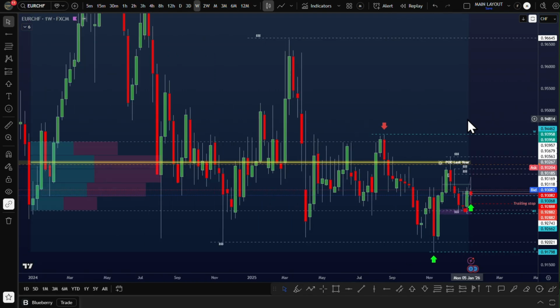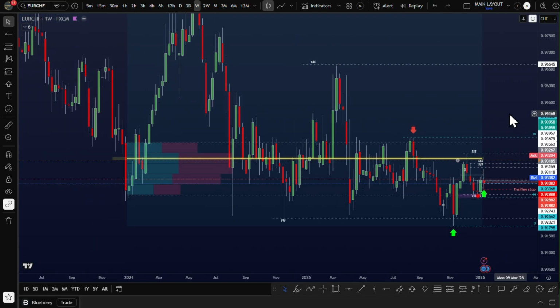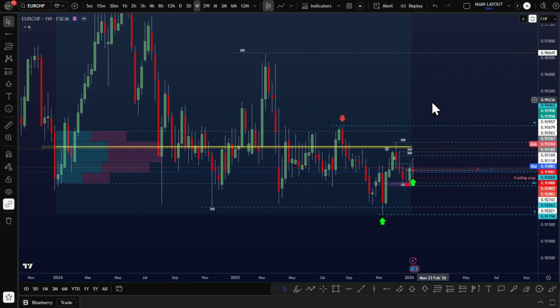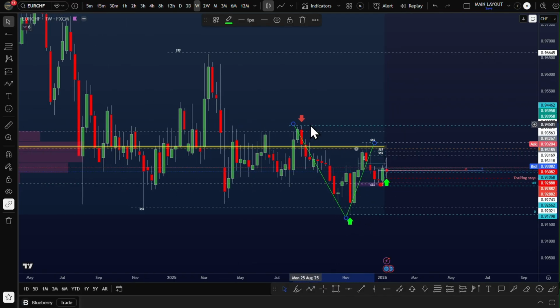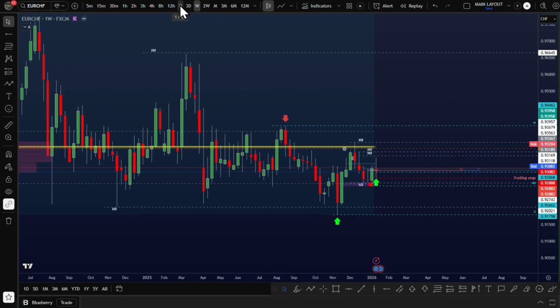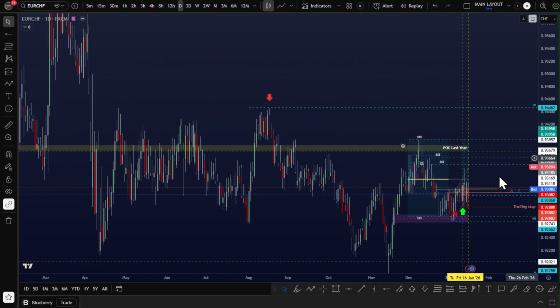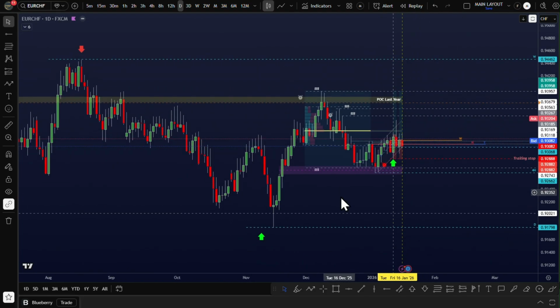In Euro CHF, you can see the weekly order flow is bearish. On the daily, from this low to this high with a break of structure, I have a daily order flow.